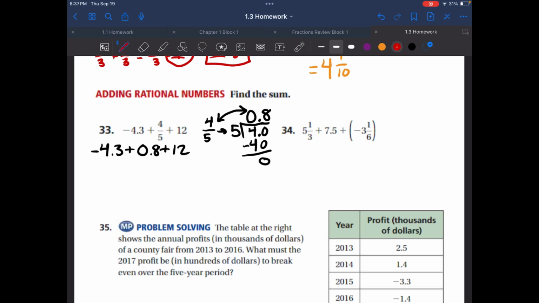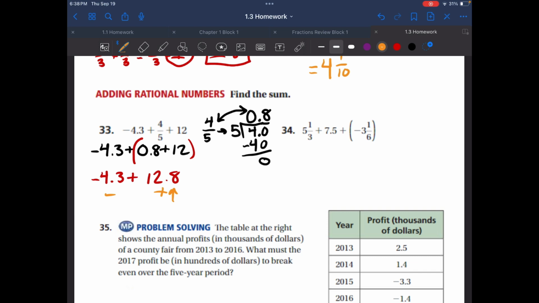Okay, this is going to be really easy if I combine my positive values. All right, I'm going to do this first. 12 plus 0.8 is just 12.8, right? Now I'm only dealing with two numbers, and this is where, yet again, I have a negative value and a positive value. If I have two different signs, I know that I need to subtract.